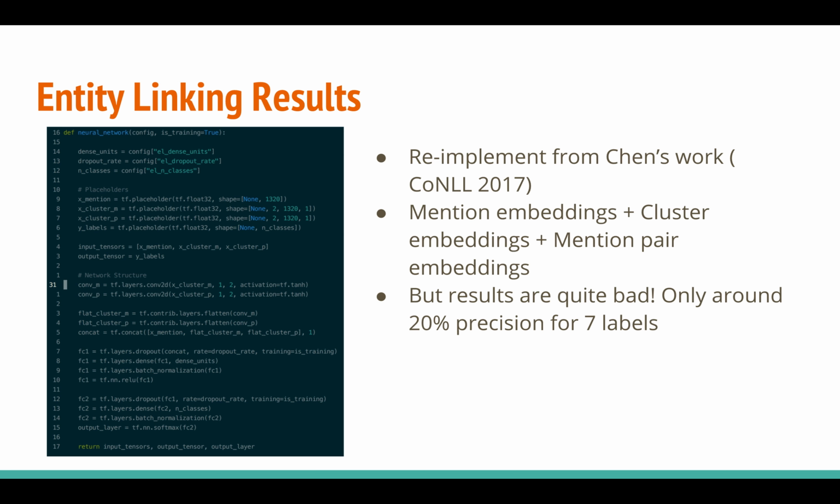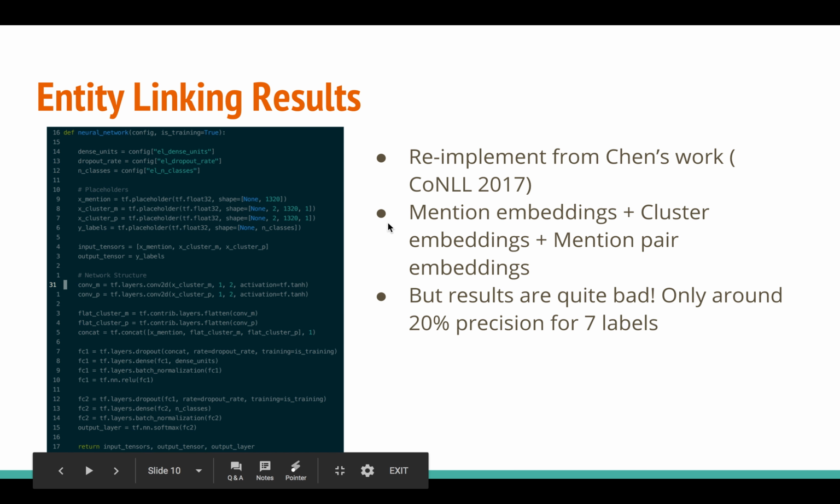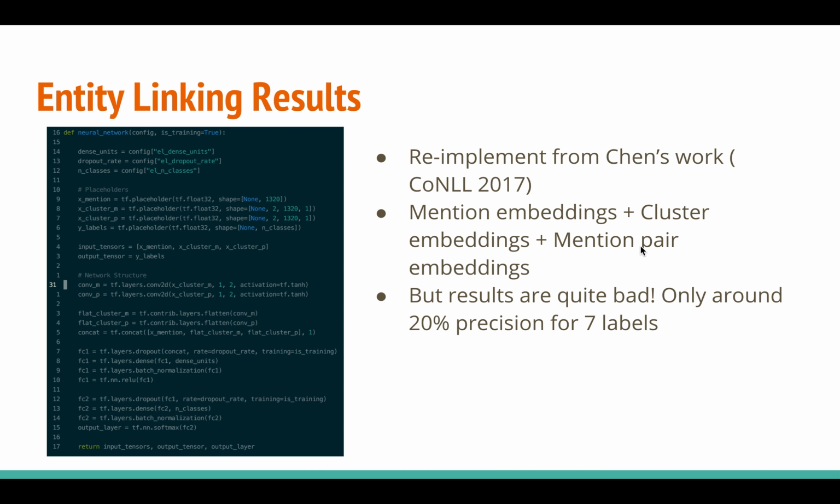And finally, for entity linking, we re-implemented the code from the paper by Chen and Henry. As we mentioned previously, it uses the mention embedding, cluster embedding, and mention pair embeddings to train the agglomerative convolutional neural network. However, the results are really bad. We only get around 20% precision for 7 labels.